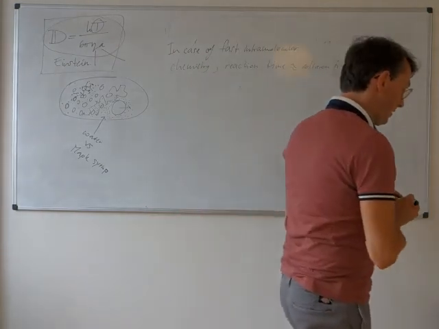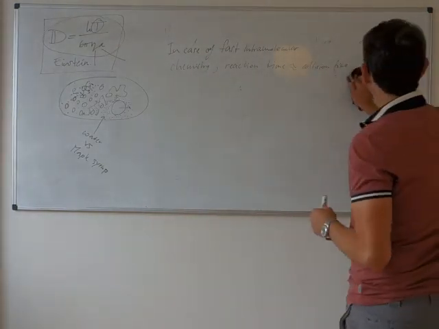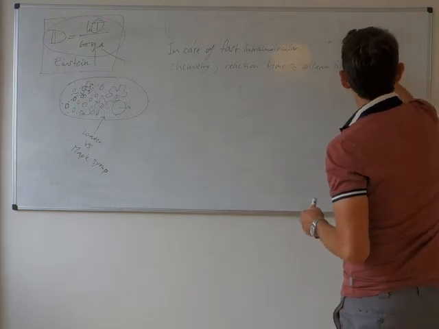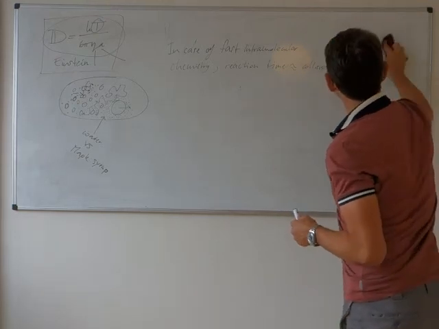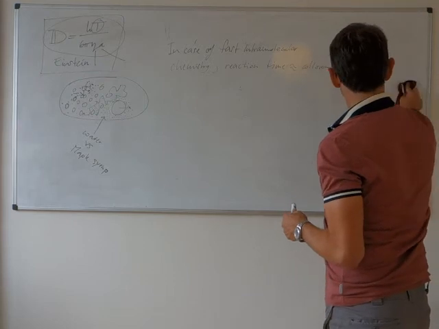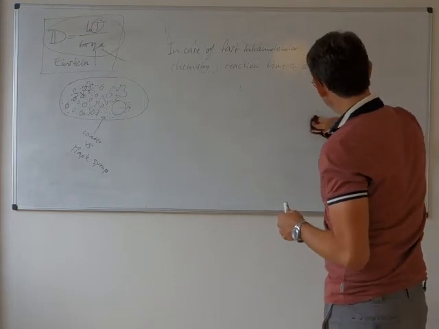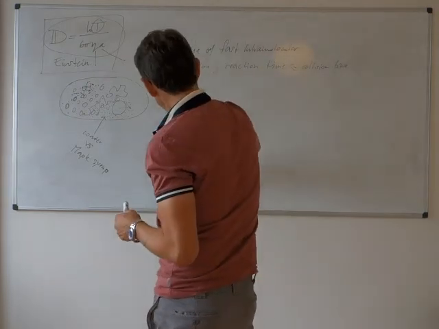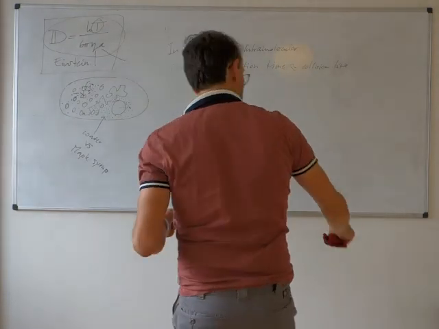And the collision time clearly depends on the diffusion coefficient of both molecules, right? So if two molecules need to form a complex, but one is not moving, then the collision time is greater than in the case when both are moving.